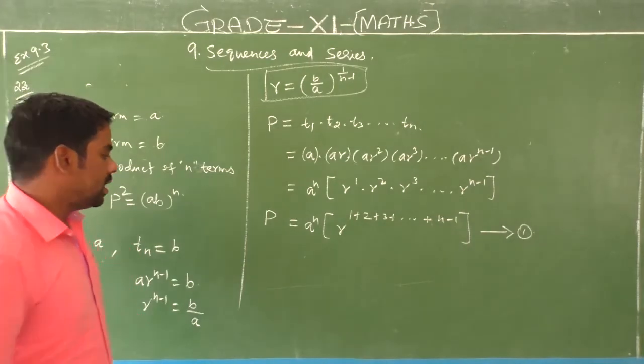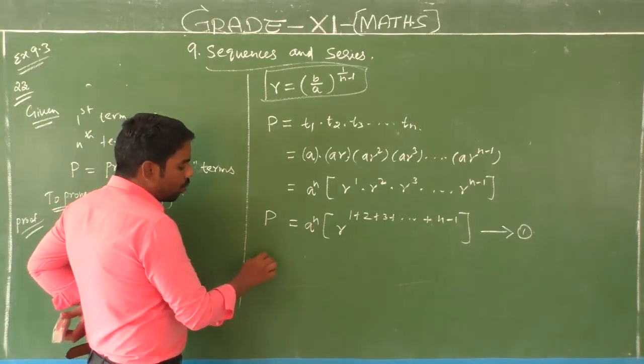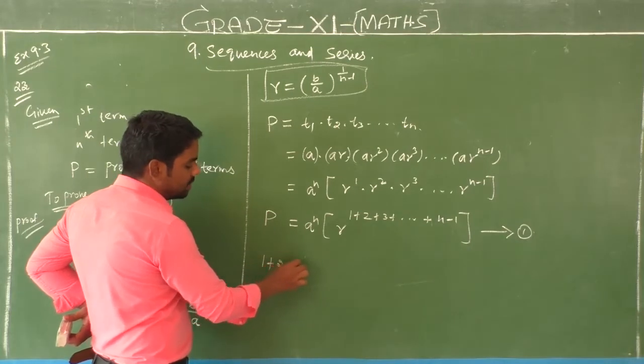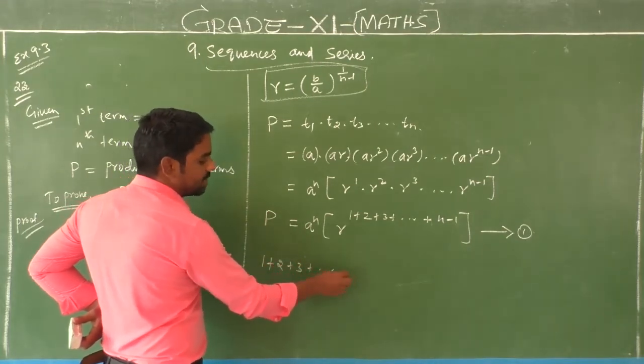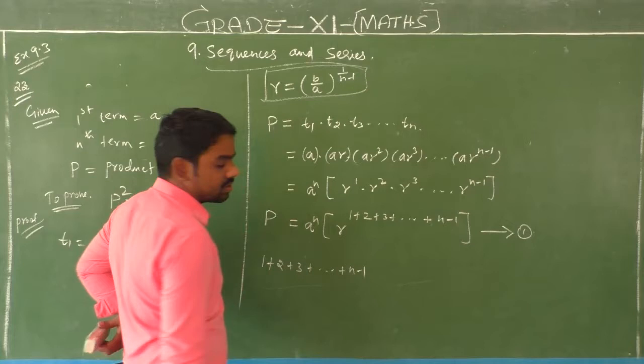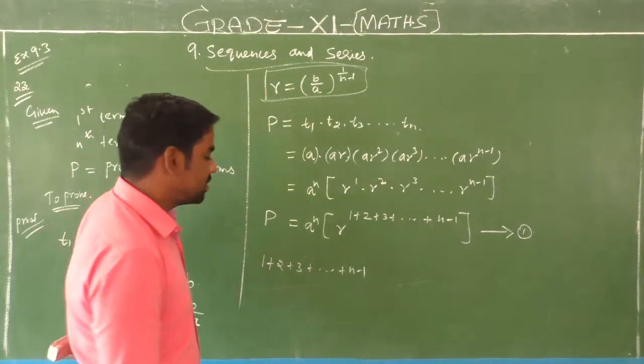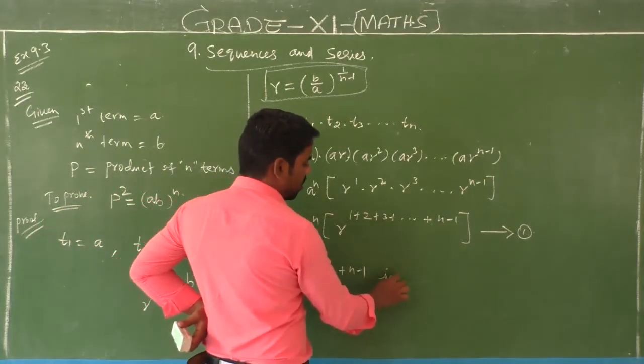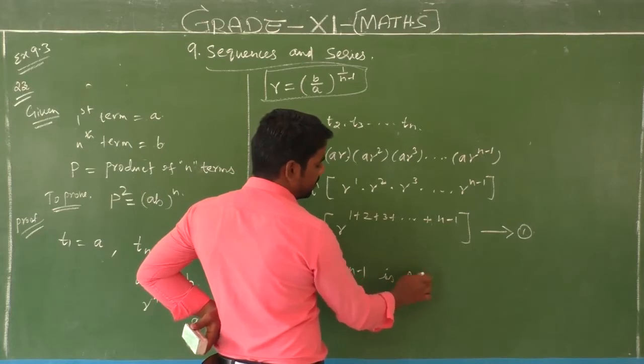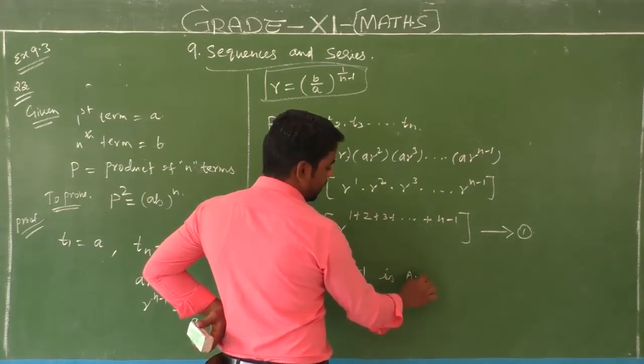Now 1 plus 2 plus 3 plus and so on plus n minus 1 is an arithmetic sequence, an arithmetic series, using AP.